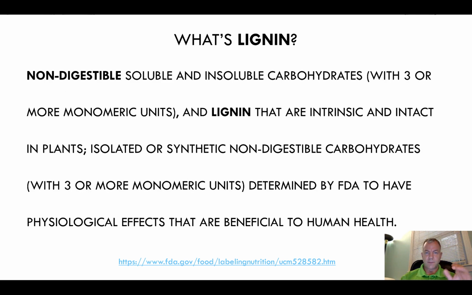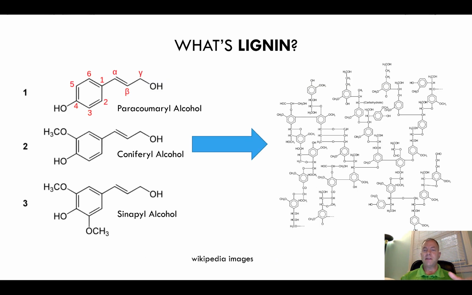All right. So lignin. Lignin is something that bears discussion because it's not really a traditional carbohydrate. And so I want to show you what lignin looks like, because it makes up a major part of plant material, but it is quite different in terms of its composition and its chemical makeup. So here's lignin. It's primarily composed of 3 different types of alcohol, so paracoumaryl, coniferyl, and sinapyl alcohol in a very complex structure.